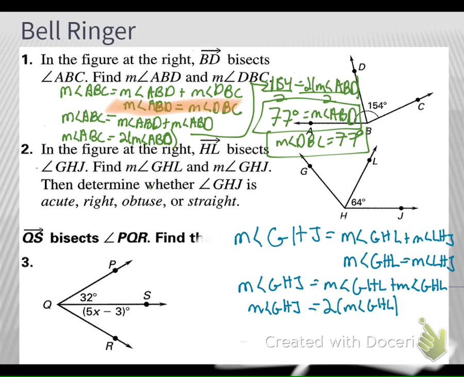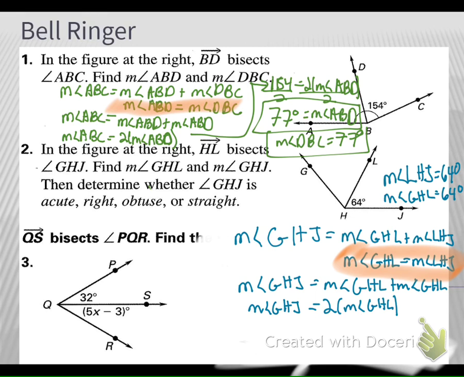What measurement do we have? We know the measure of angle LHJ is 64. Based on this line here, we know that GHL and LHJ are the same. So I can say that the measure of angle GHL is also going to be 64.